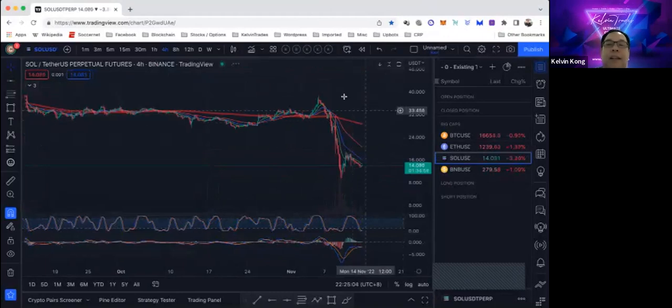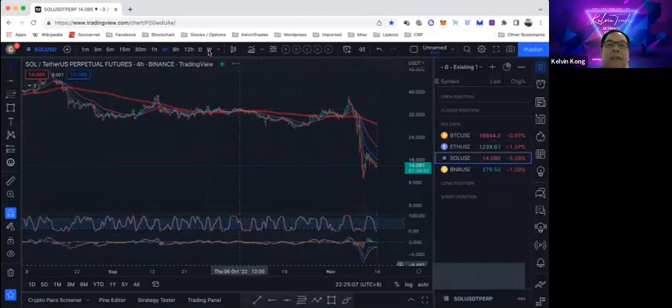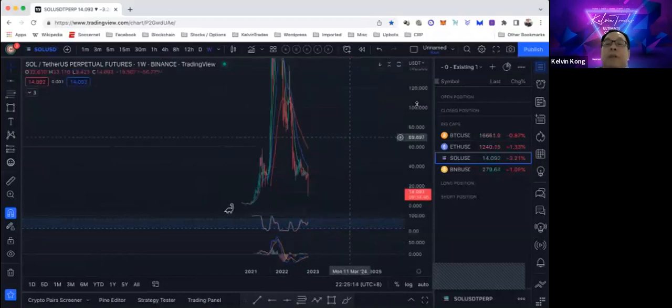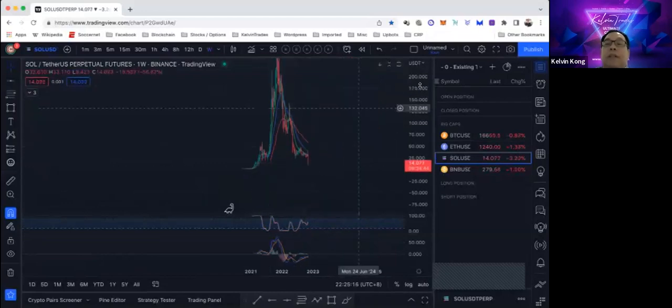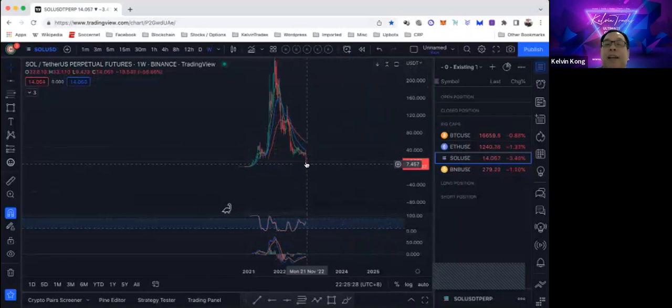Seriously. It was at almost $200. No, it exceeded 250. Yeah. Just exactly 1 year ago, it was at $200 over. Who would have expected it to go to $14? Seriously, don't buy.